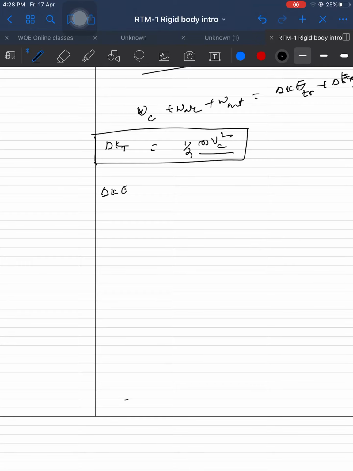If they ask you kinetic energy in rotational motion, however the object may be, whether it is fixed or rotating, you write half I about center of mass into omega square. And for translatory motion, half mass m into vc, the velocity of the center of mass, squared. Okay, let's see the other part.